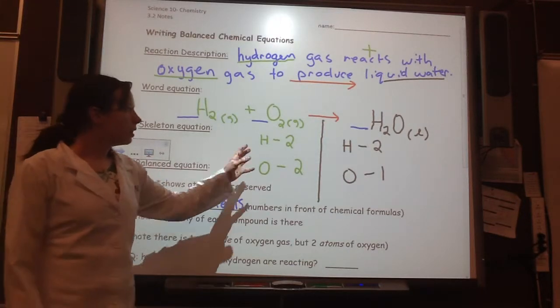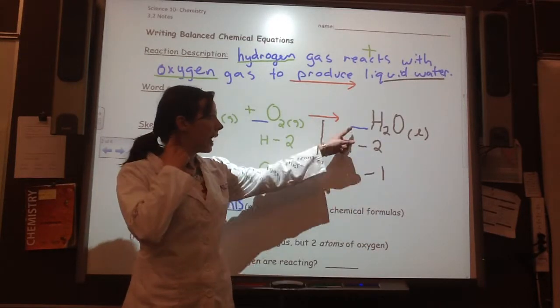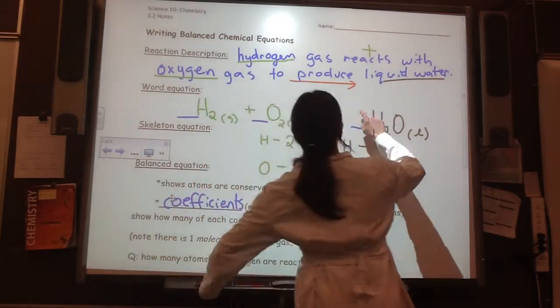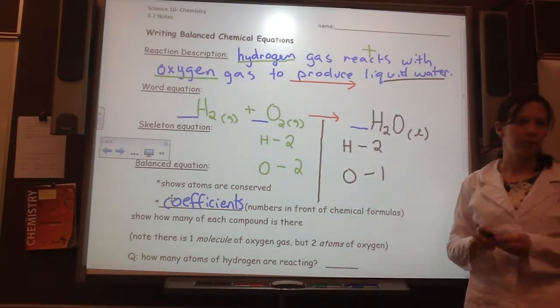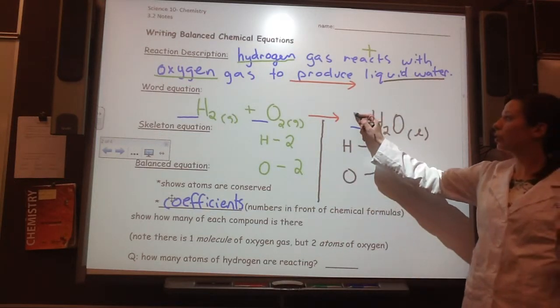But this is not equal. So I can add numbers here to make it equal. If I added a number here, what could I get so that the oxygens were the same? I could put a 2 here.